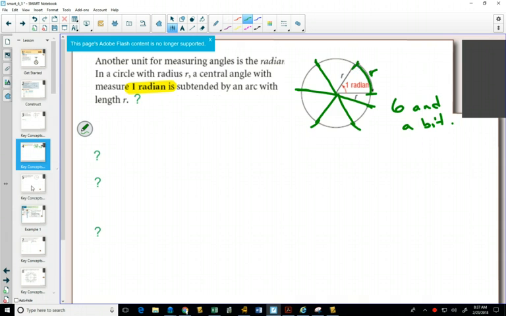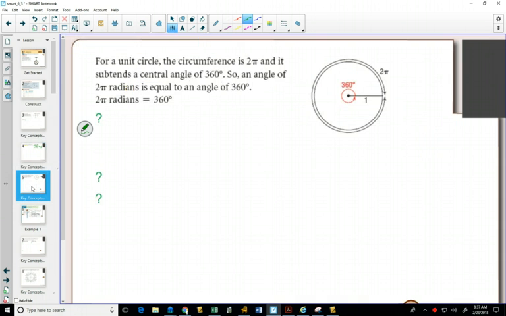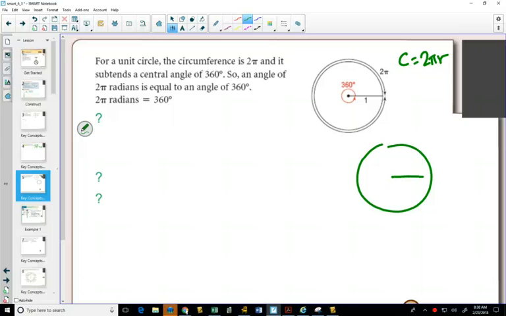But then if we think about it a little bit further and say, well, I know that there's 360 degrees in a circle, and I know that the circumference of my circle is 2 pi r. This one has a radius of 1, but this is true for a radius of r.